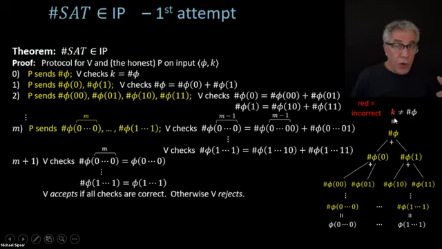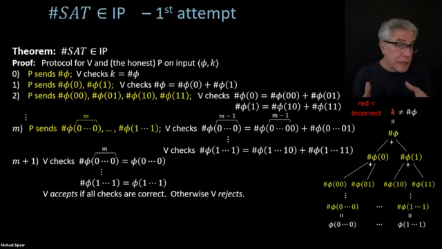If K did not equal the number of satisfying assignments, and the prover sends the correct value, the verifier is just going to say it doesn't match up, I reject right away. So what can the prover possibly do to prevent the verifier from rejecting? You're going to see that there's nothing it can do. Later on, there's a chance that the prover can get lucky, but here, there's nothing it can do.